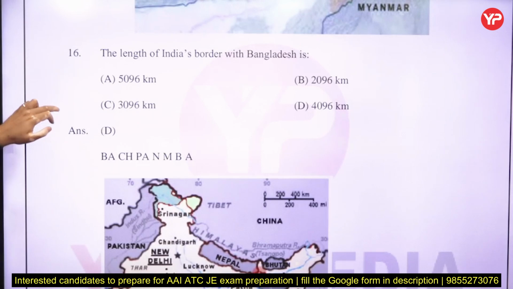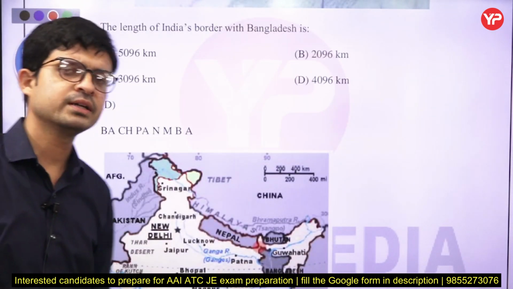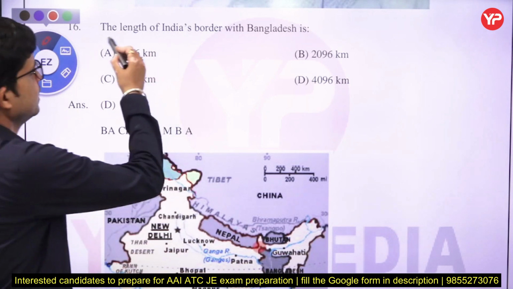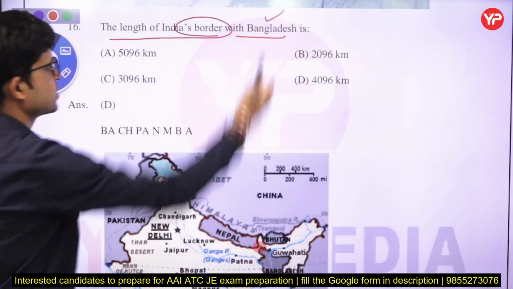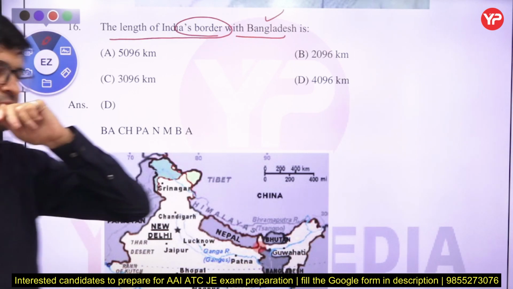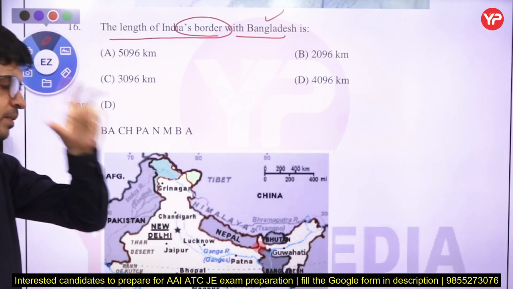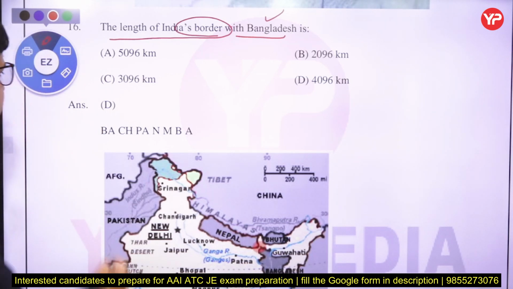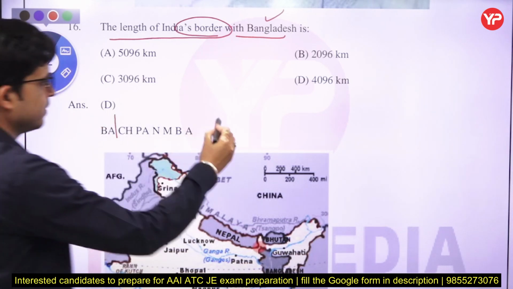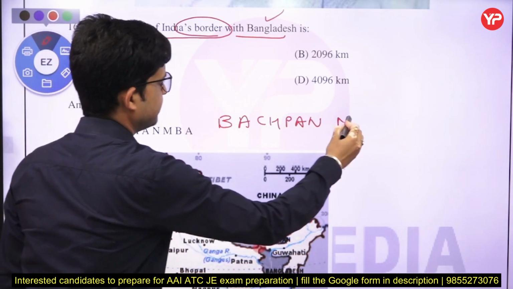Next, our question is very important, related to border. Border is also a very important topic for geography. The length of Indian border with Bangladesh. So first of all, we have to know with how many countries India makes a border. You have to remember a name, Bachpan MBA.